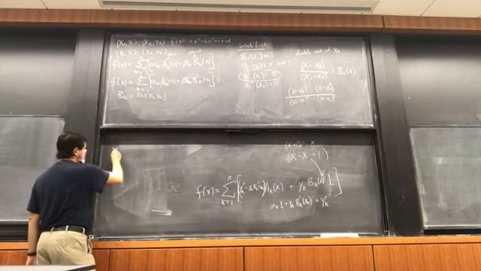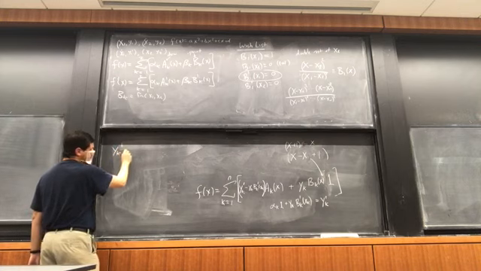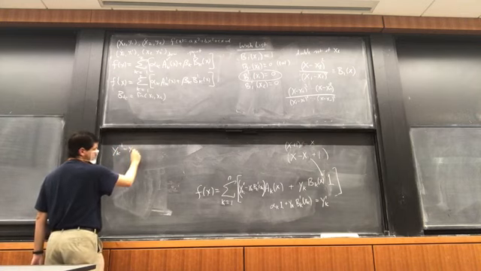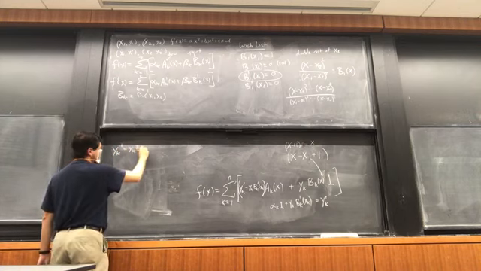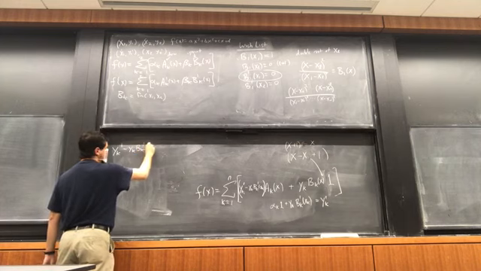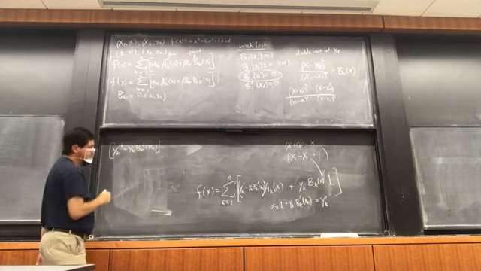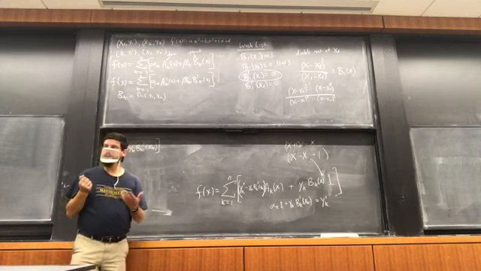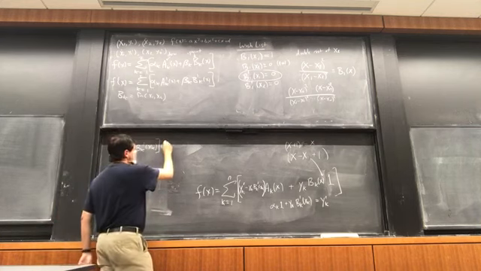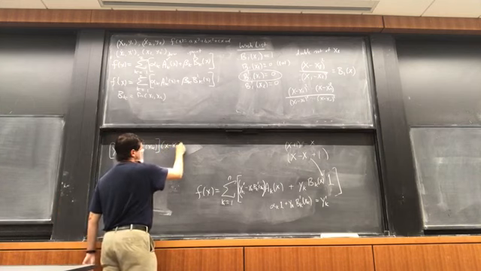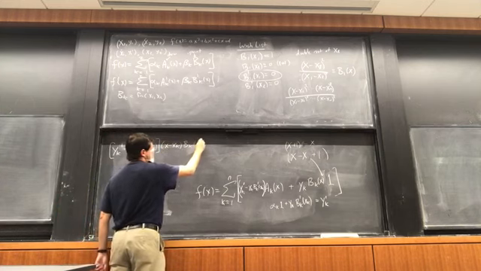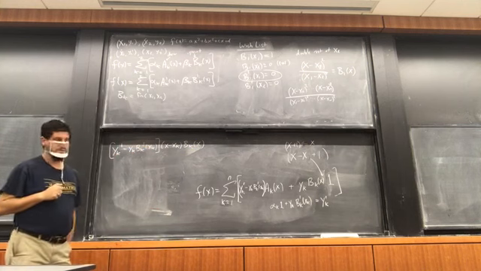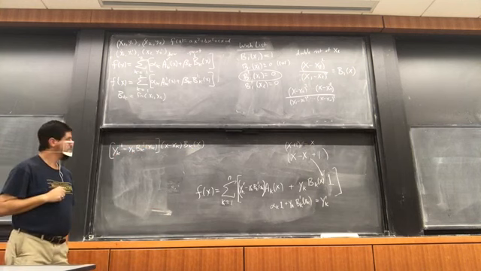I would have yk prime minus yk bk prime of xk, then times ak of x. But we know ak of x was just x minus xk times bk of x.